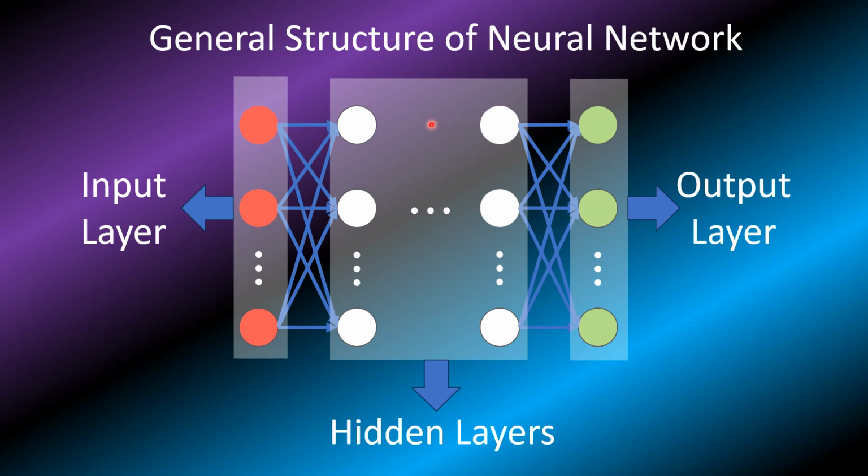So between hidden layers, you have one neuron connected to all the other neurons, until you reach the output, in which the last hidden layer is connected to all neurons in the output layer. So yeah, that's the general structure.